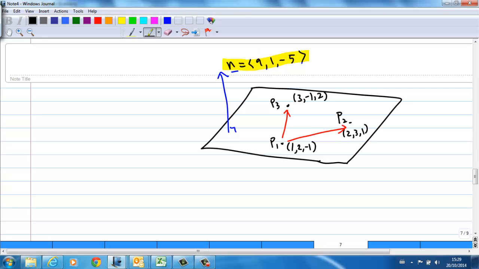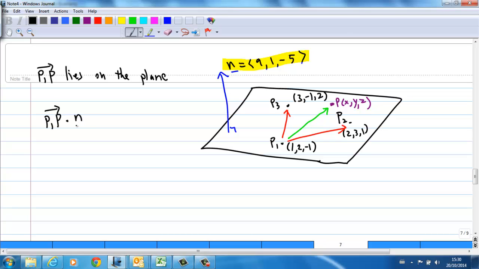We are ready to find the equation of the plane. You pick any point on the plane. Let's say the coordinate is given by x, y, z. Then we know that the vector P1P lies on the plane, and therefore P1P dot n must equal 0 since these two vectors are perpendicular.